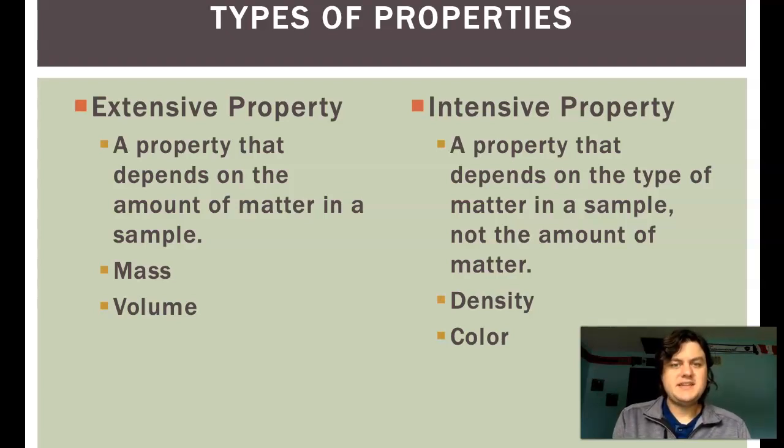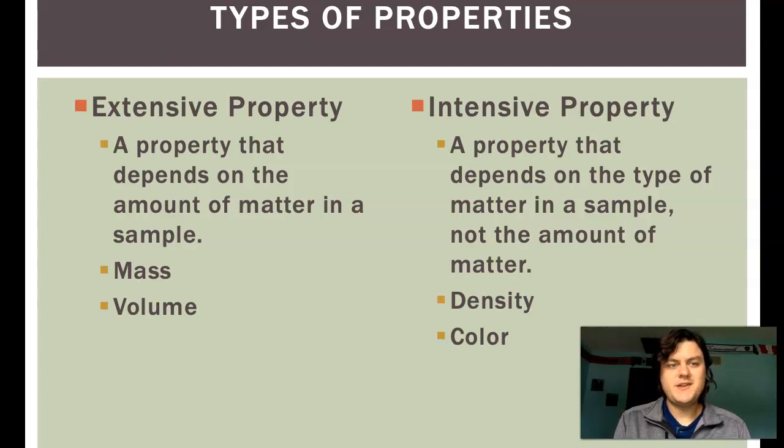Heat capacity is defined as the amount of energy to raise the temperature of something 1 degree Celsius. So this could be a penny or the Statue of Liberty. It's the amount of energy required to raise something 1 degree Celsius.